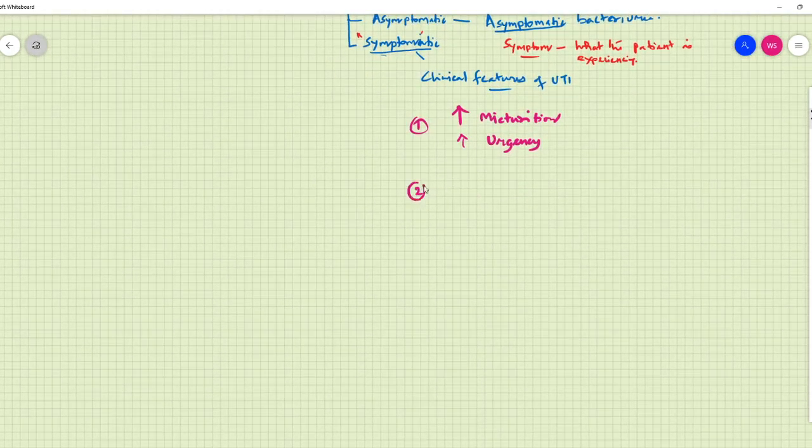The second clinical feature that patients present with is dysuria. Dysuria is basically pain on micturition. The difficulty in urination is what we call dysuria.